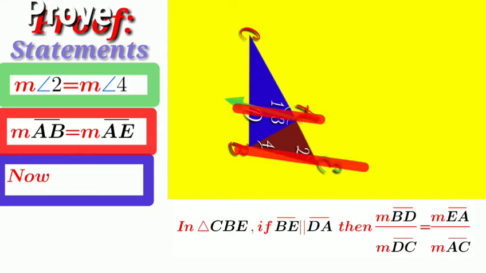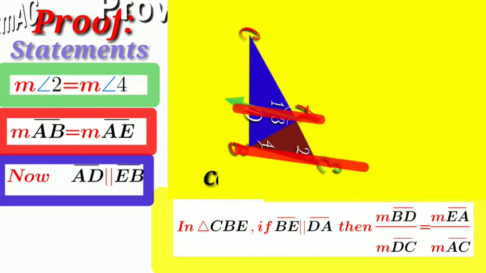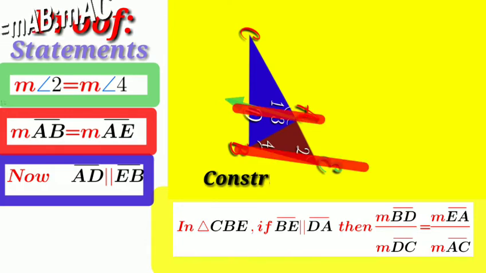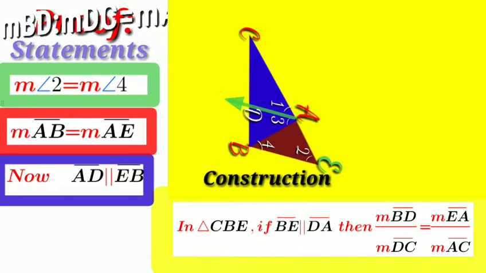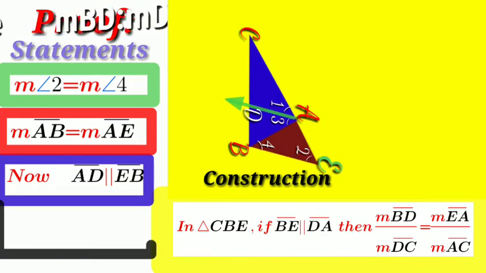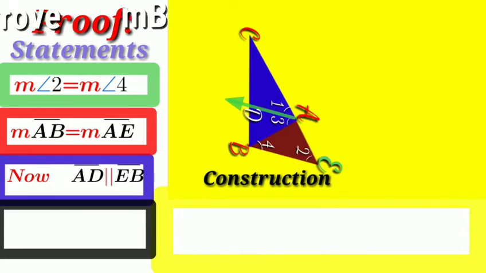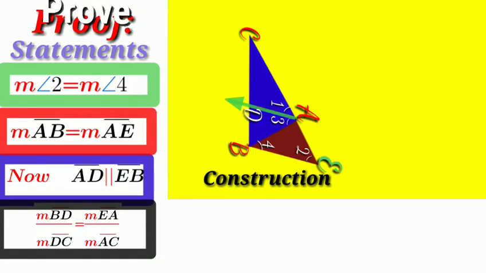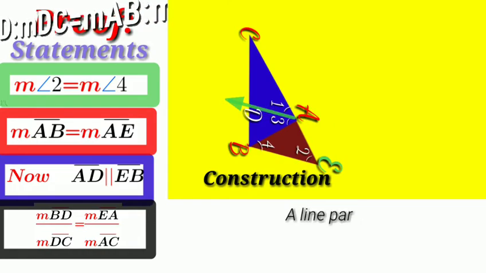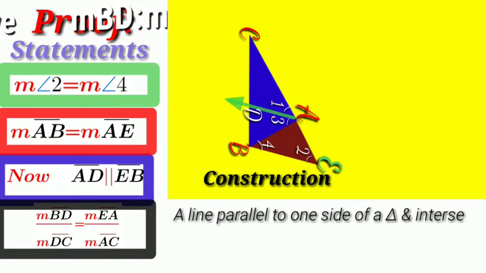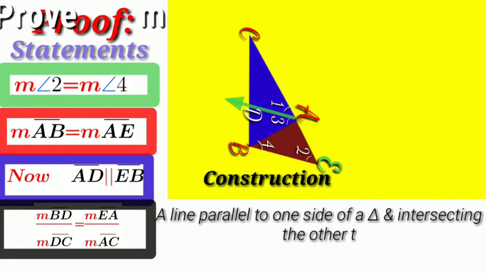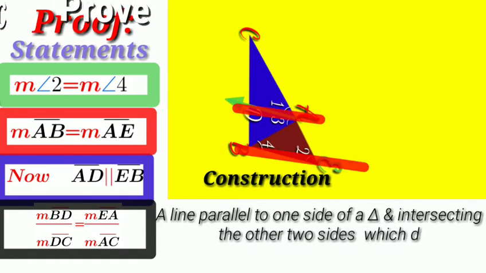Now in triangle CBE, which we made in the construction, if side BE is parallel to the side DA, then side BD divided by DC is equal to side AE divided by AC by theorem 14.1, in which a line parallel to one side of a triangle and intersecting the other two sides divides them proportionally.